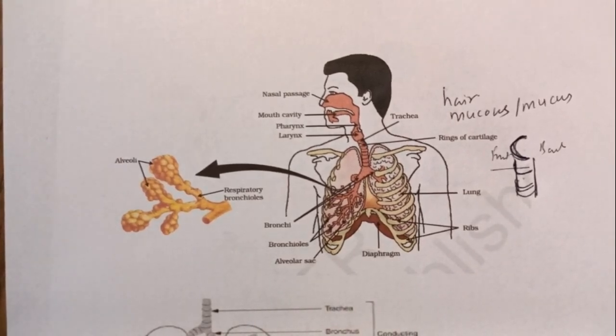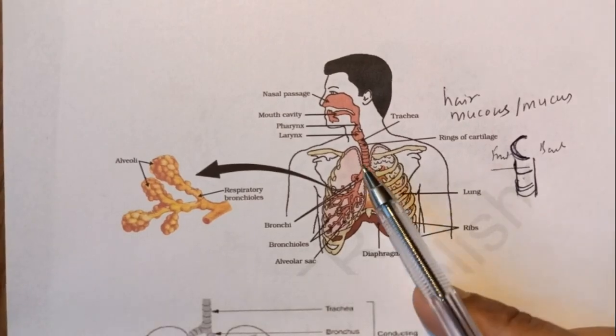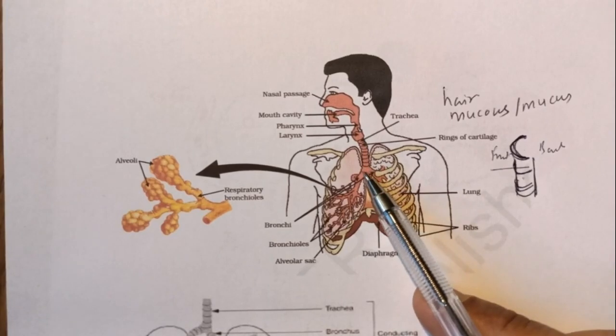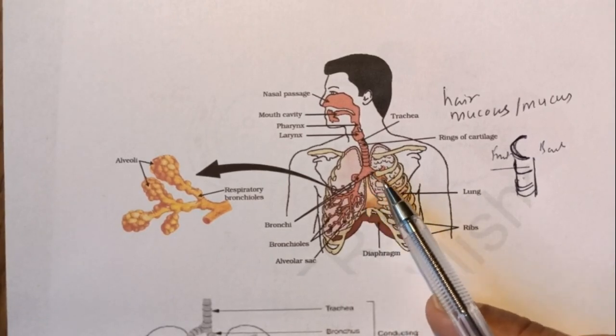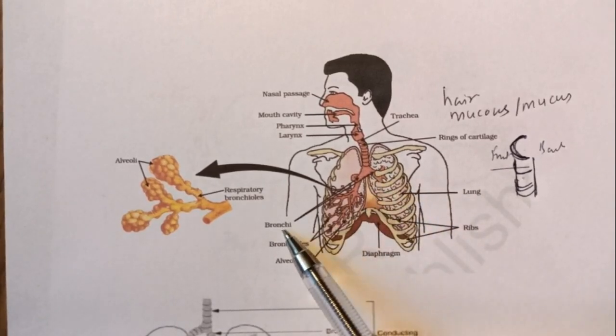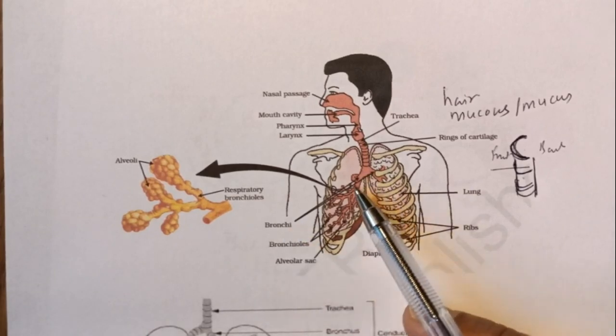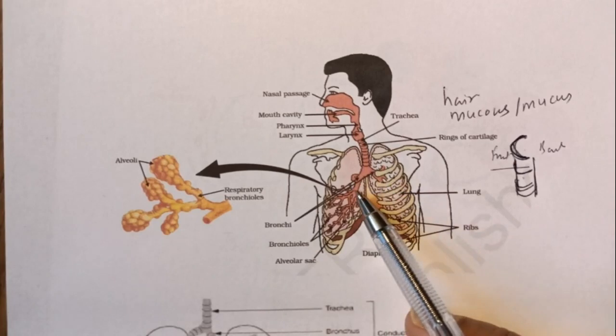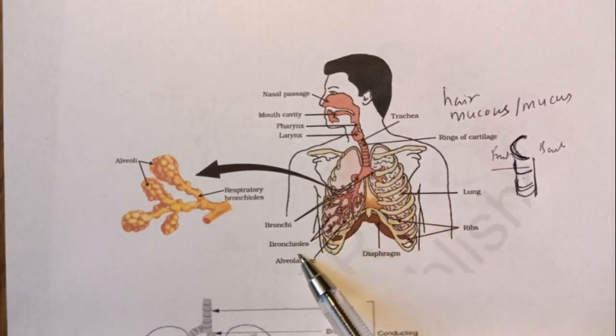In the lungs, the passages divide and subdivide. The trachea divides into two bronchi. Look at these bronchi: one right bronchus, one left bronchus, and together two bronchi. Bronchi divide into bronchioles, that are smaller passages.